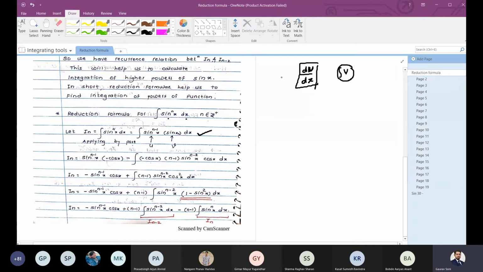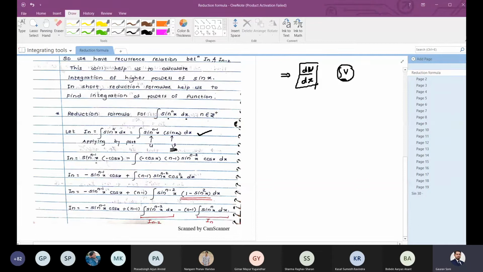So you should be able to take the derivative of u and integrate v. In this example, when I take integration of sine raised to n minus 1, it will again come back to the same expression, and it will become difficult for us.